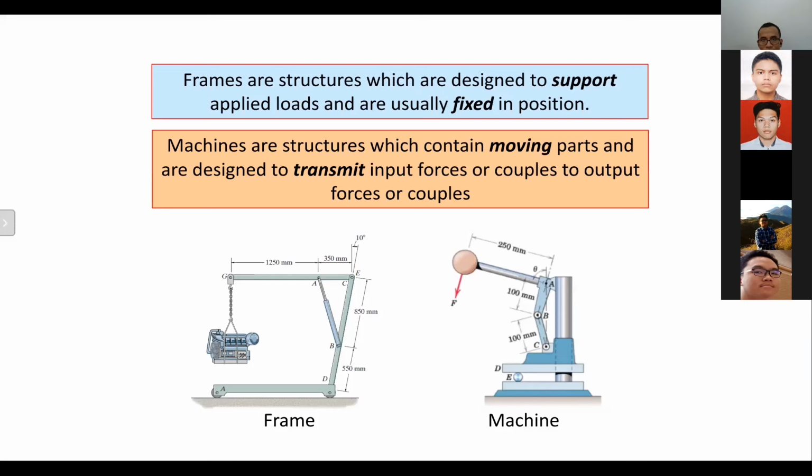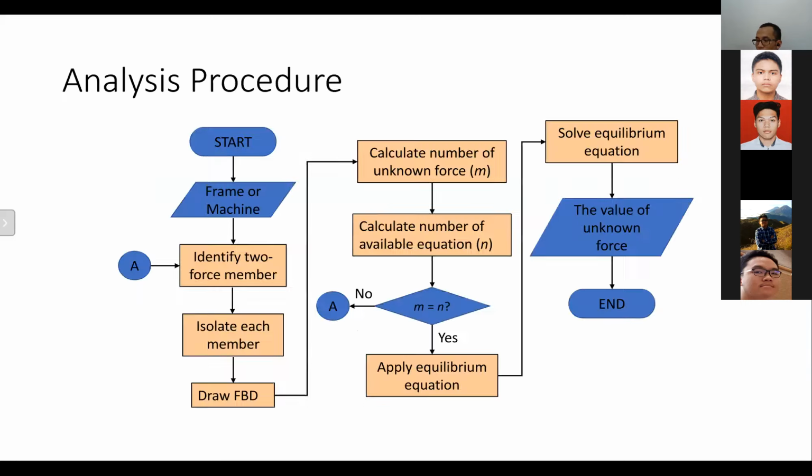Frames are structures designed to support applied loads and are normally fixed in position, but a machine normally contains moving parts and transmits an input force or couple to an output force or couple, and we consider this the second one, a machine.